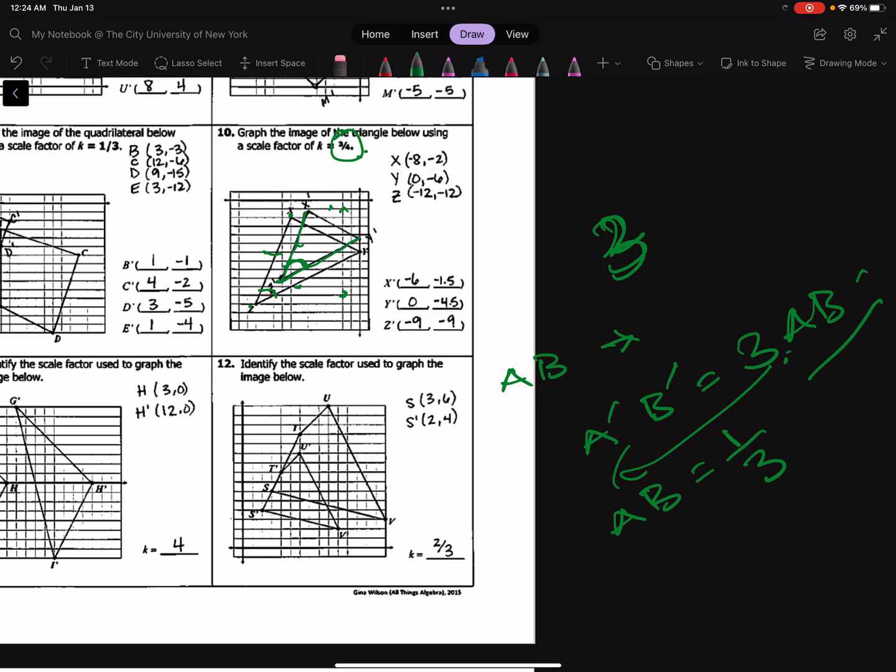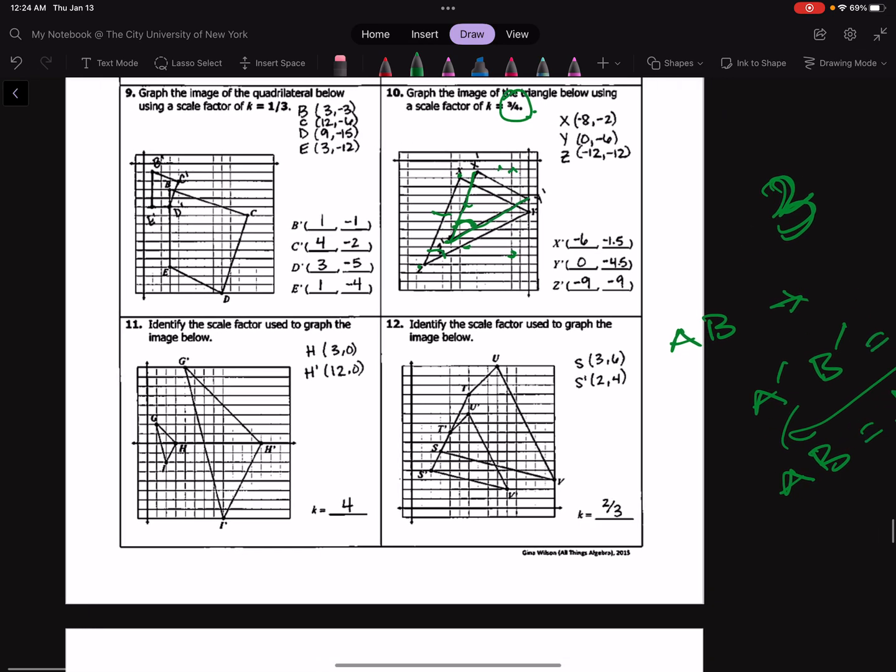So just keep this concept with you, it will be fine.